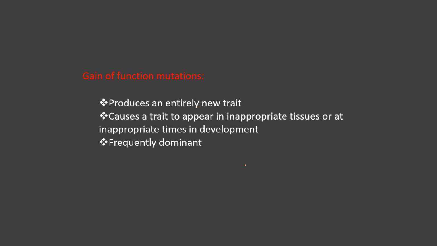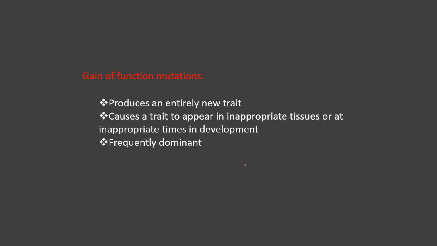Then now, rarely we have what is called a gain of function mutation. Gain of function mutations tend to produce proteins that result in new traits, and the traits are usually positive. It causes a trait to appear in inappropriate tissue or at inappropriate times in development.